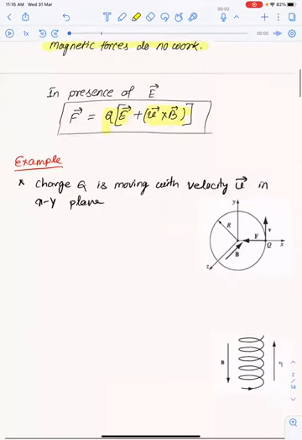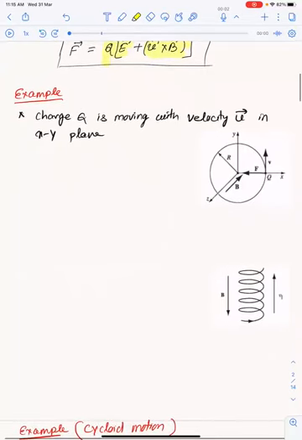Now let's take some examples to understand this magnetic force. For the first example, let's think of a charge Q which is moving with a velocity V in the XY plane, in an arrangement where B is along the minus z direction. Your charge Q is moving in the XY plane along the y cap direction.